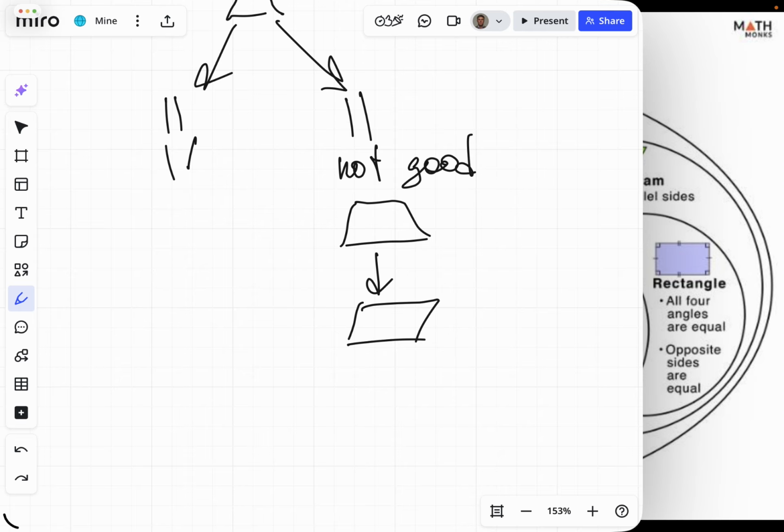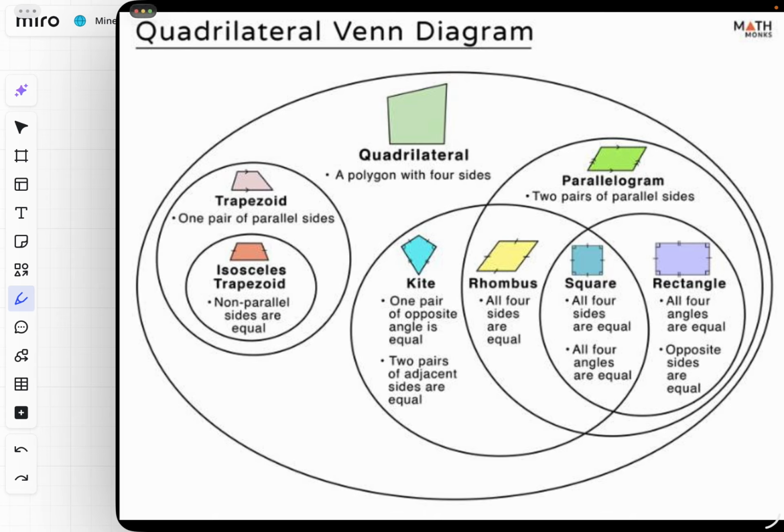It's not good that properties of the trapezoid don't work here. So we should do something like this: a parallelogram shouldn't be a trapezoid. So they must be different circles. Like in this diagram, I like it much more than in our class.